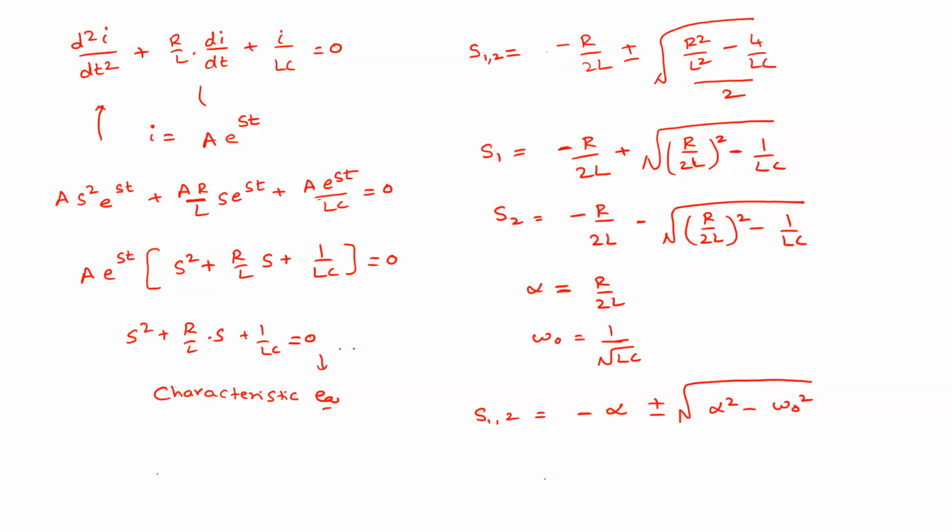And how will this equation change? It will be S square plus 2 alpha S plus omega naught square equal to 0. Understood?